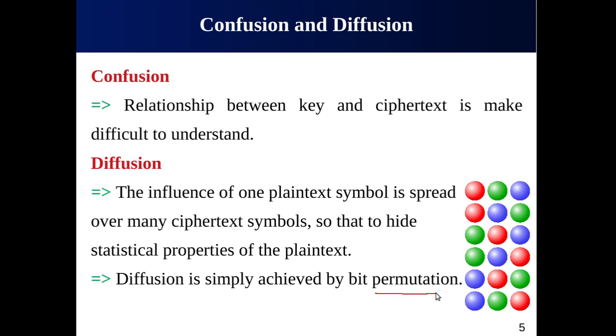To understand the concept of permutation, we have a figure here. Permutation is the act of arranging all the members of a set in some sequence or in some order. For example, you have a set of three numbers 1, 2, and 3. Suppose the color of 1 is red, the color of 2 is green, and the color of 3 is blue.